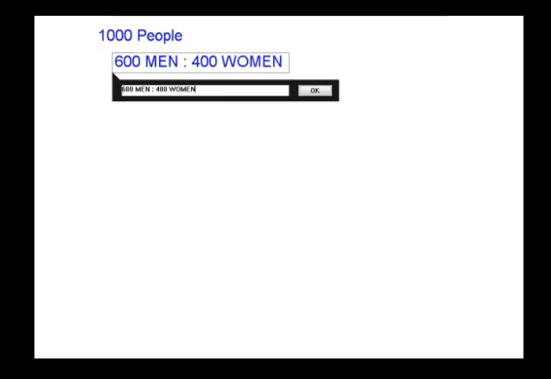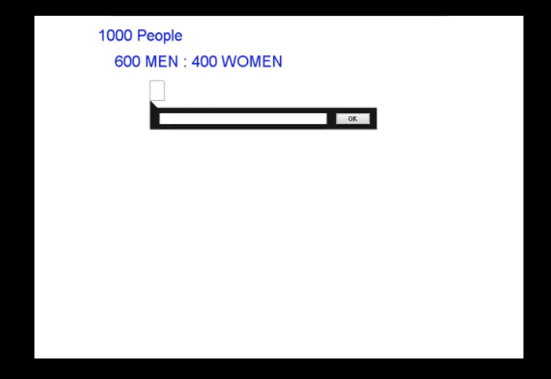That is, the population I have selected has a ratio of 6 men to 4 women. Six men to 4 women.